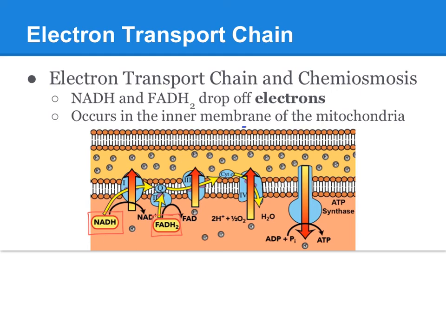What's going to happen is all of these hydrogen ions are going to go through an enzyme called ATP synthase, and these are going to drive this enzyme to work. So we need to have all of these molecules here to run this enzyme so that we can make our ATP.